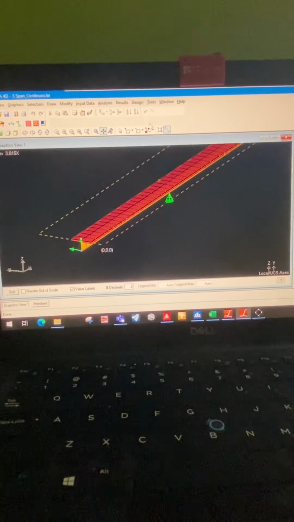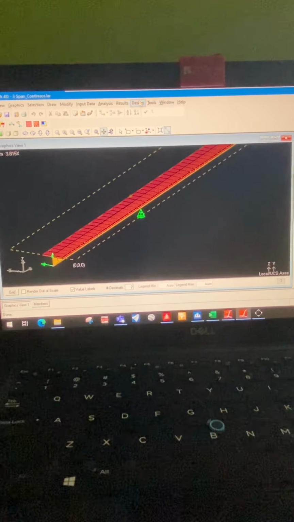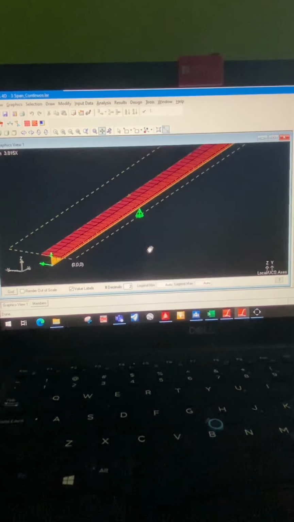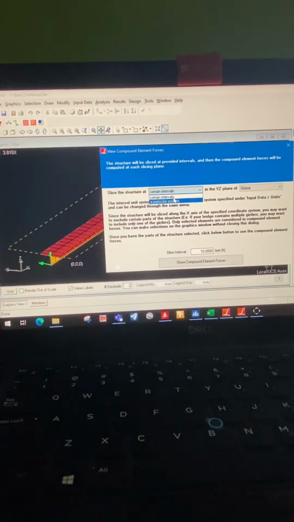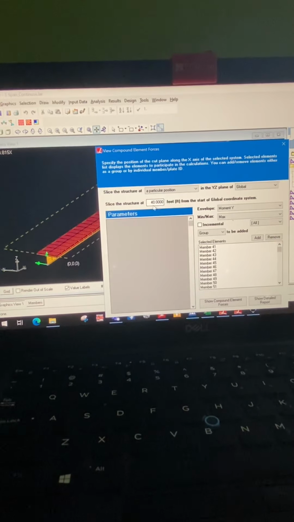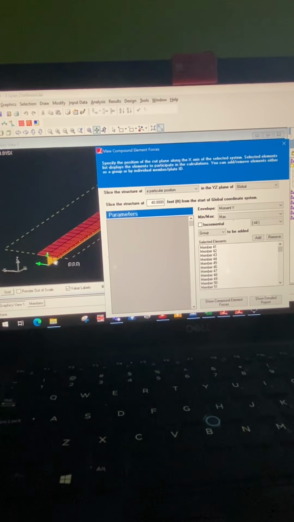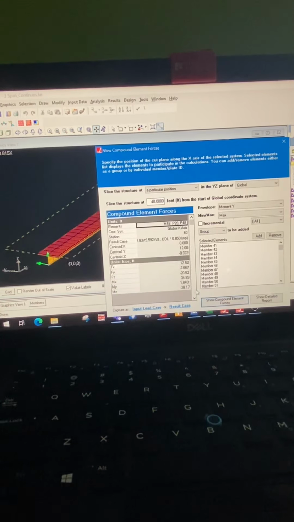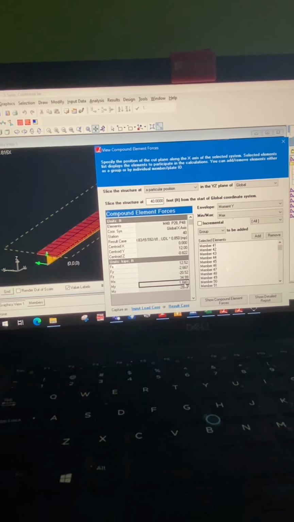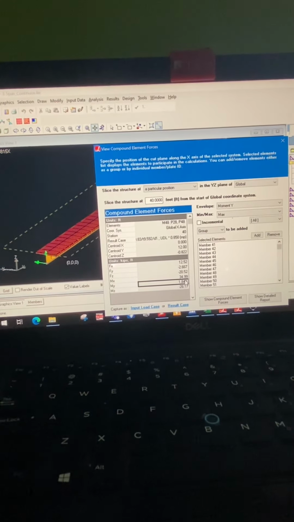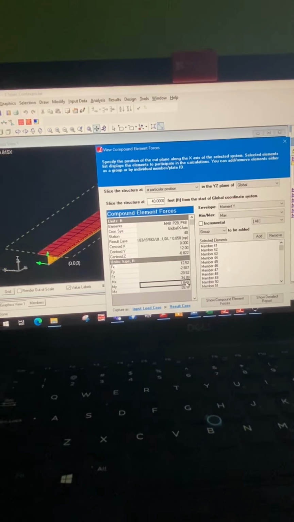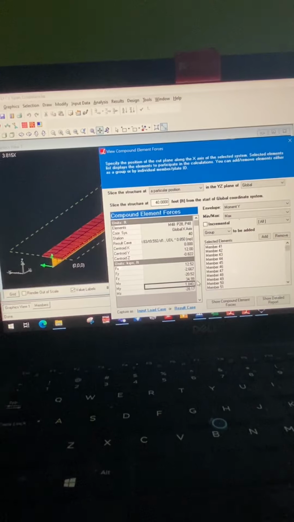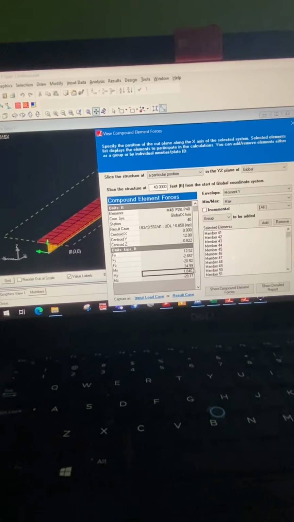Getting the maximum positive bending moment at a particular position, 40 feet from the beginning of the bridge, it came out to 1,840. This includes the impact load, 33% additional impact load for the trucks, and adding the lane load.